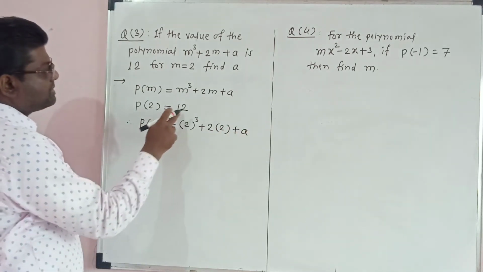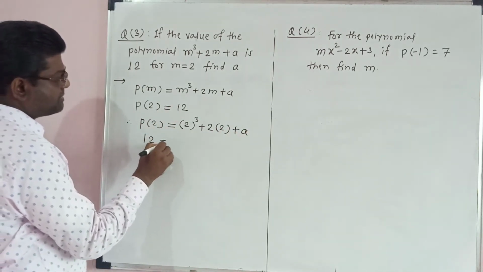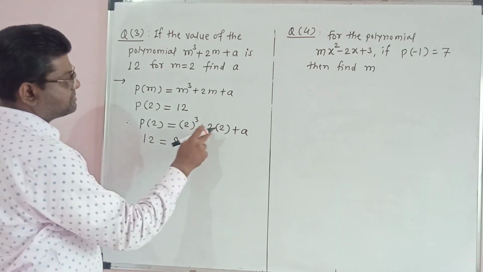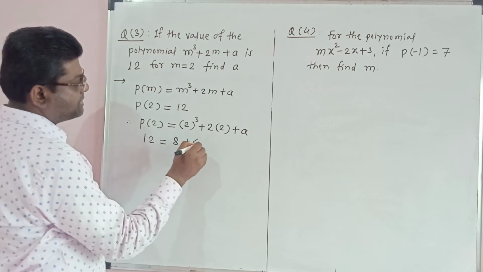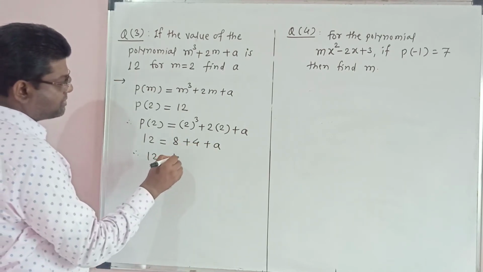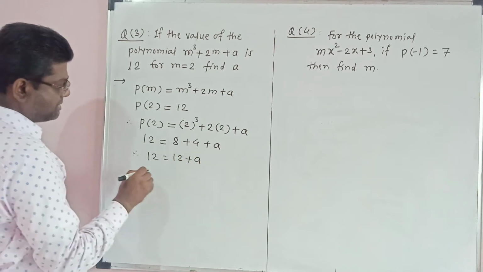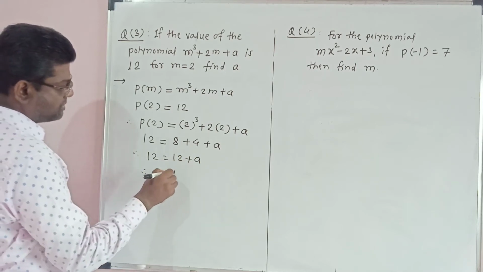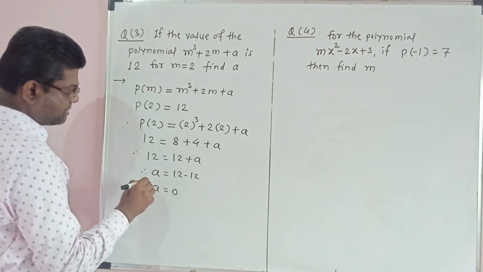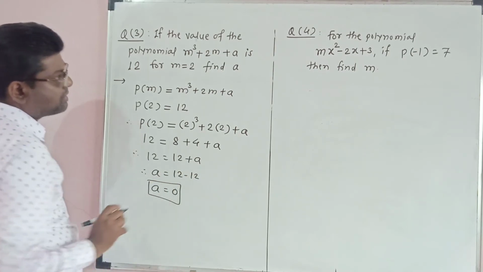Now p of 2 is equal to 12, therefore 12 is equal to 2 raised to 3 is 8, and this 2 into 2 is 4, plus a. Therefore 12 is equal to 12 plus a. Therefore a is equal to 12 minus 12. Therefore a is equal to 0.